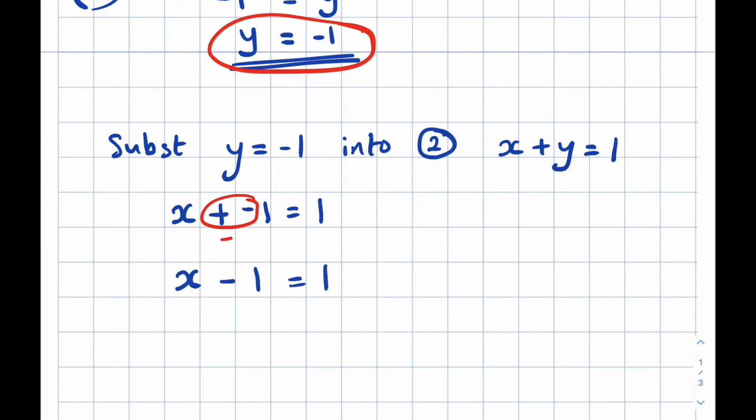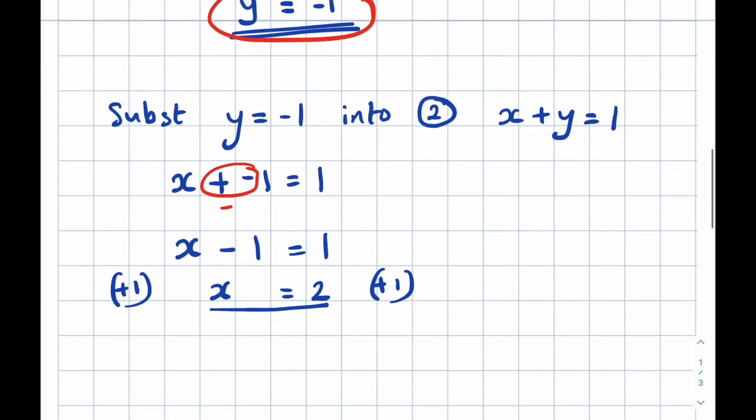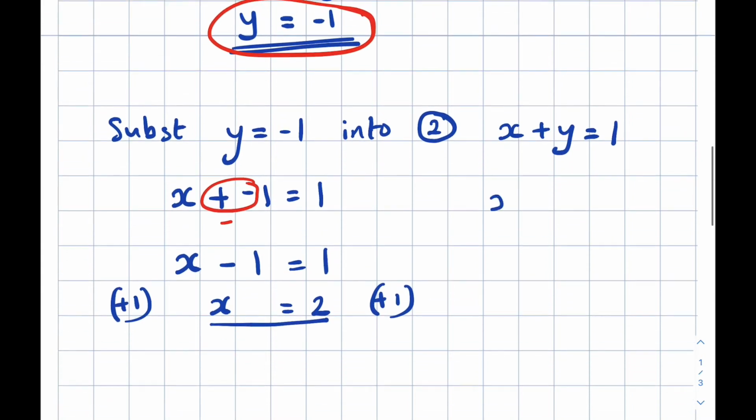So x in this case has got to be 2, because we could add 1 to both sides. That will leave us with x equals 2. So we have a solution now, which is x is worth 2 and y is worth -1.